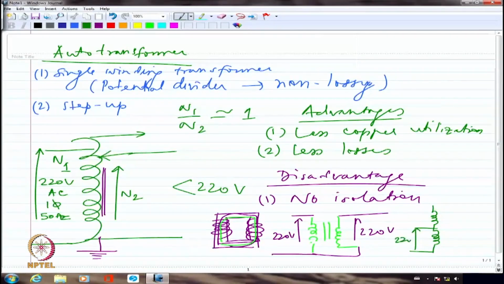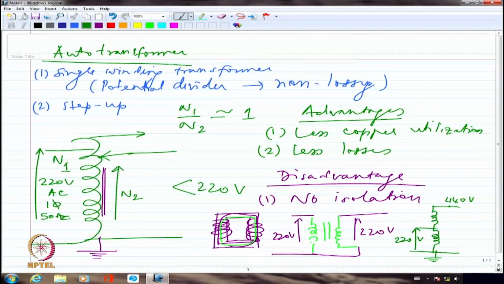I hope you understand. This is what is the equivalent. Now, if I say that this is my ground point, with respect to this, the potential at this point will be 440 volts. Clearly. Right? When I designed the transformer, I might have anticipated that I am going to apply a maximum of 220 volts. Nothing higher than that. Whether I look at the primary or secondary, both of them would have been rated for 220 volts only.